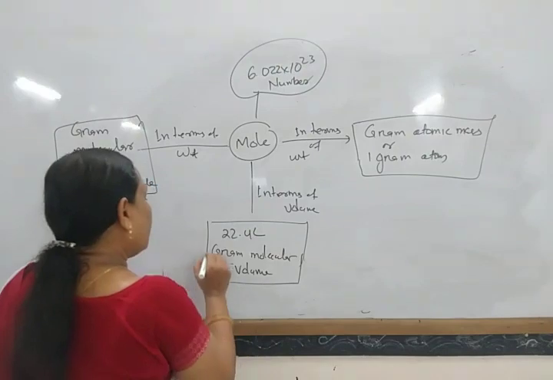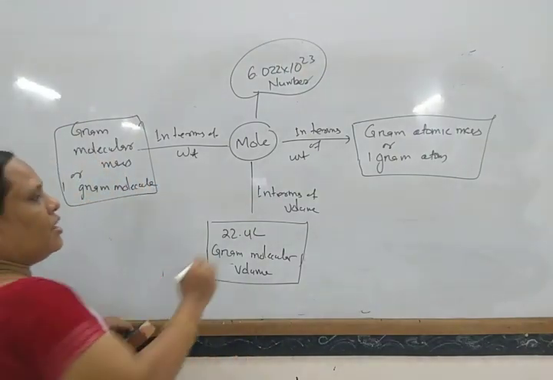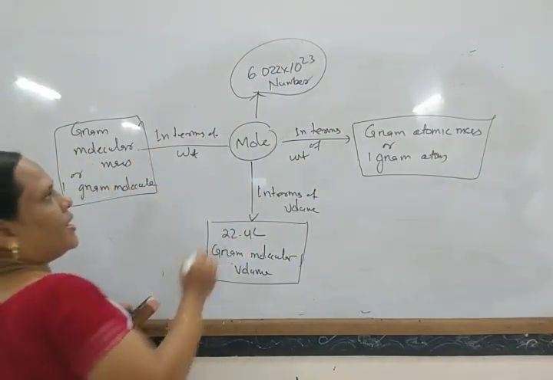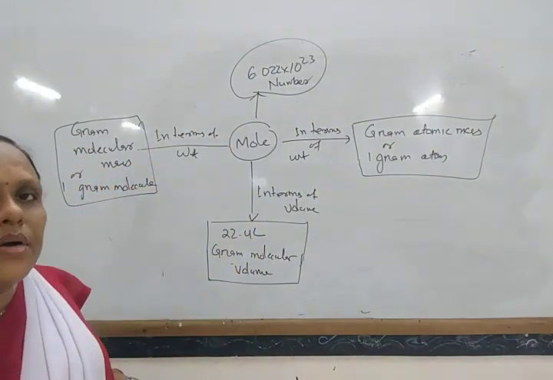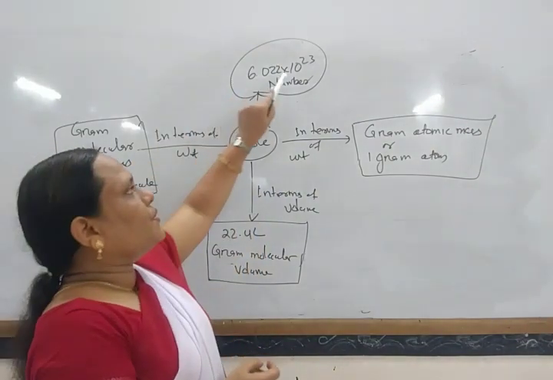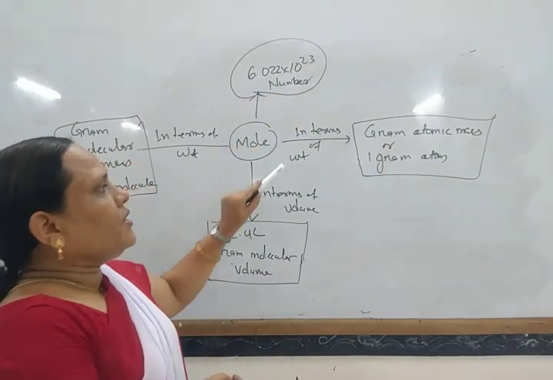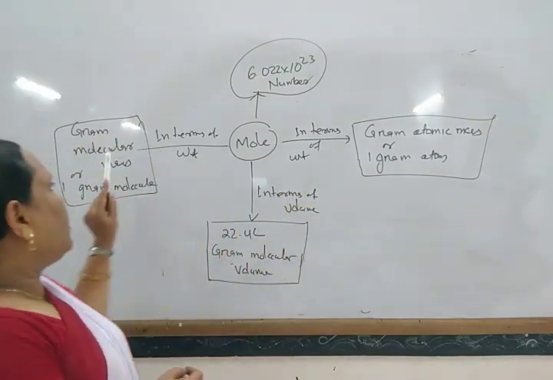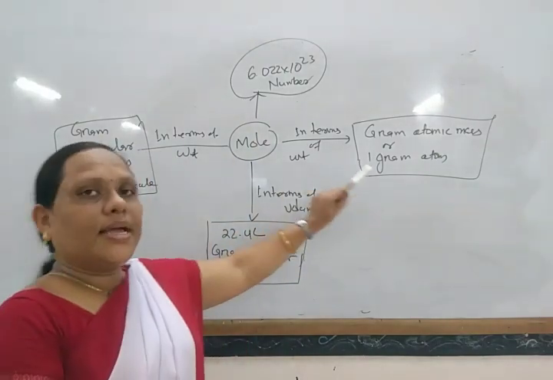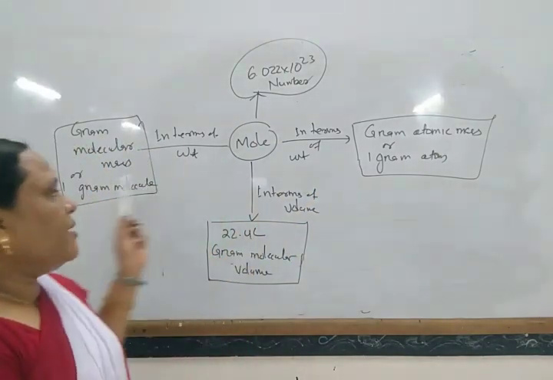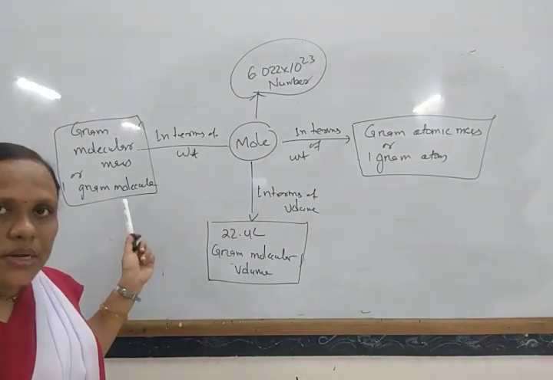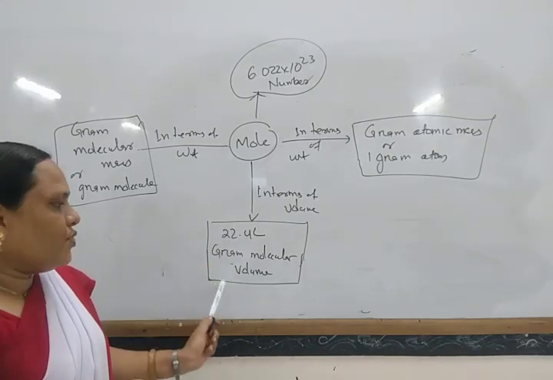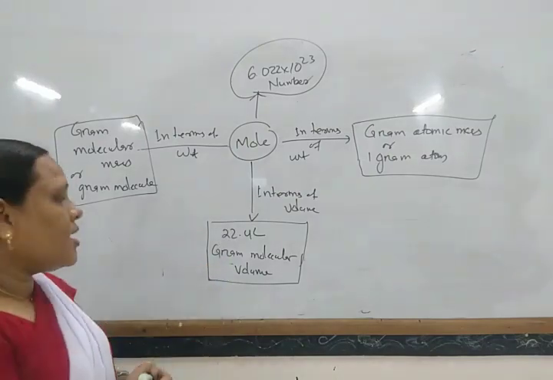So mole is expressed in different ways: in terms of number, 6.02 into 10 to the power 23; in terms of weight, gram atomic mass for an element or gram molecular mass for a molecule; and in terms of volume, 22.4 liter.